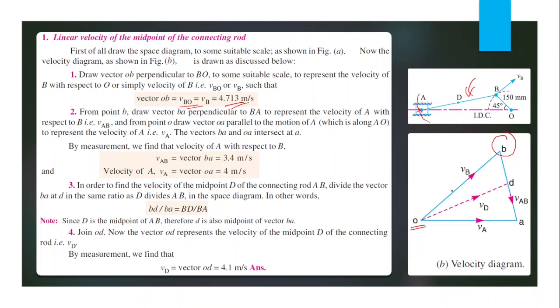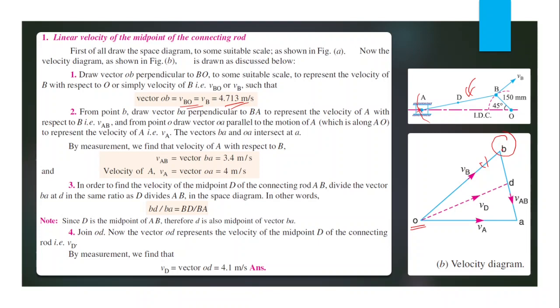Then we can draw ob. That ob length is already calculated. Then that direction must be perpendicular to this. We can draw a line which is perpendicular to this particular link. This line must be perpendicular to this link. Then we can easily draw the vector VB.